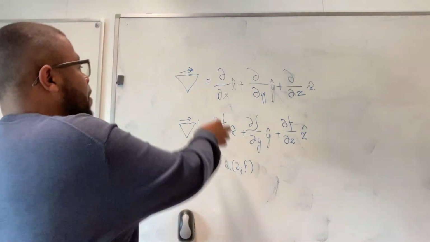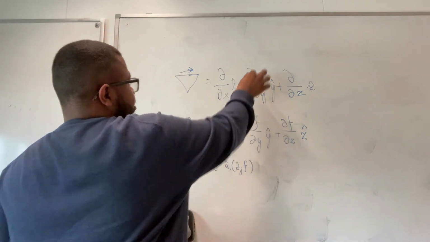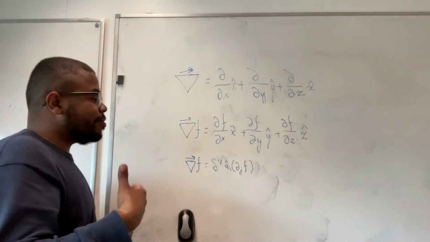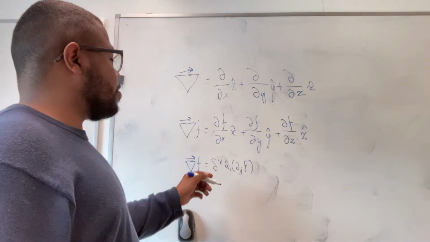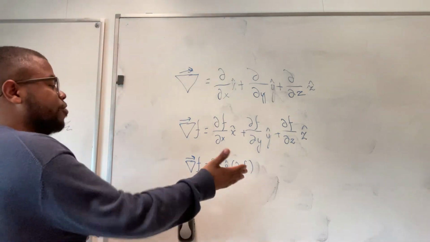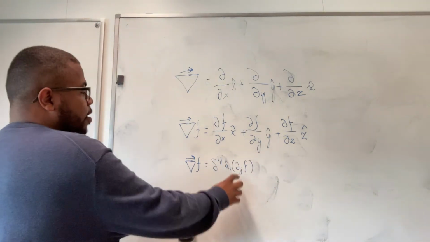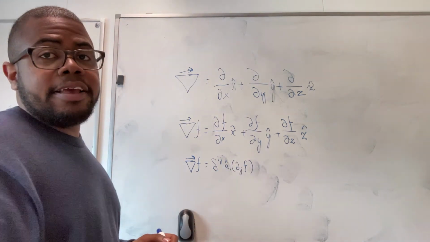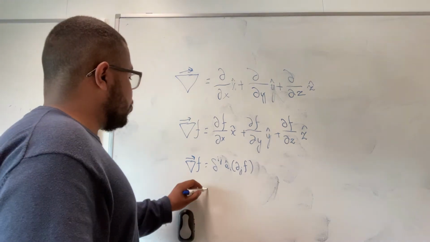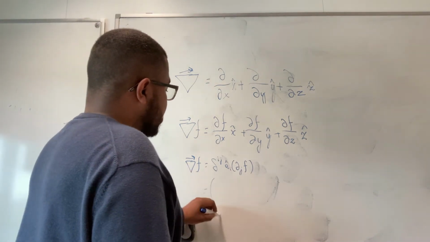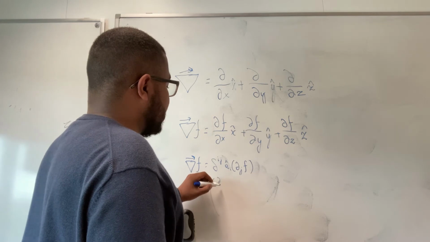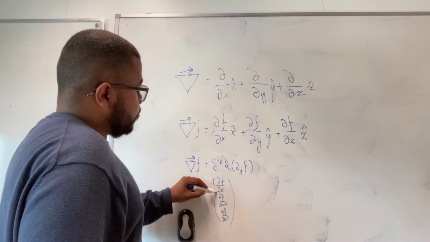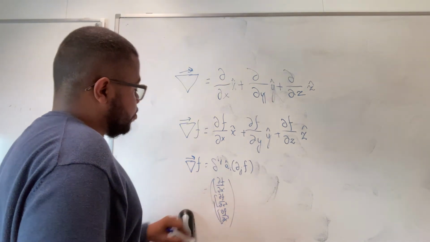So you're multiplying this piece right here by x hat, this piece right here by y hat, this piece right here by z hat, etc., etc. And of course, the Kronecker delta of ij here is just, at the end, to raise the index of this thing right here, so that you have it noted at the end of the day as a vector, since we know at the end of the day that this is a vector with elements in this column. So this particular first bit, second bit, and third bit right here.